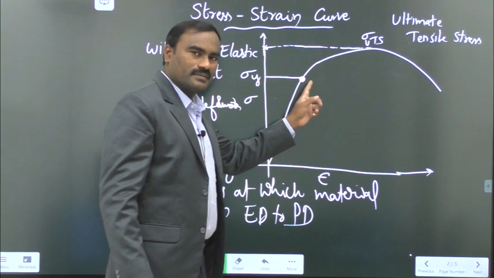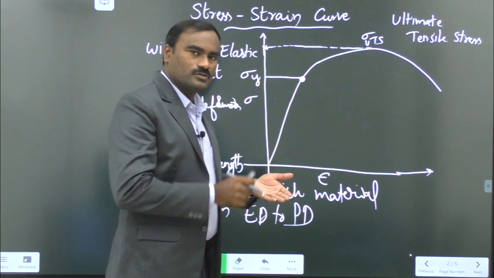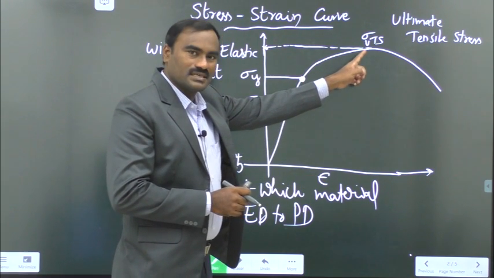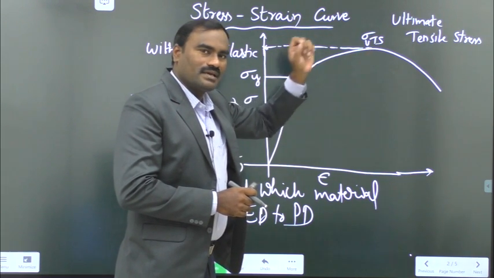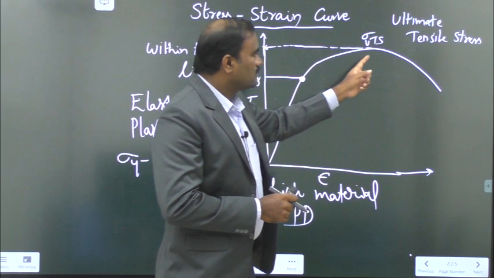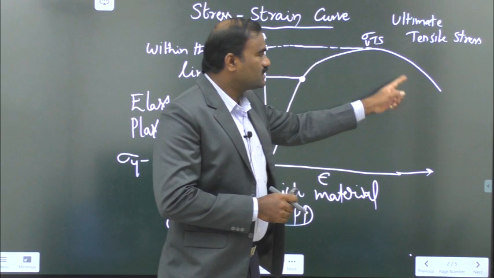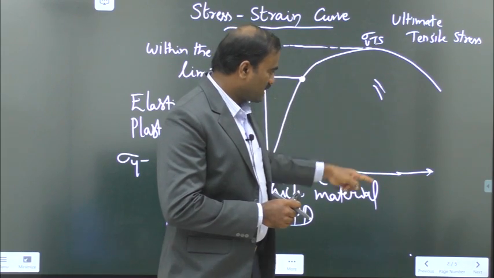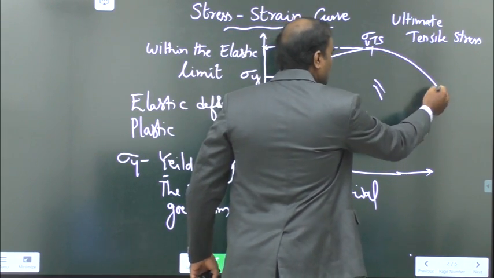This is the point where plastic deformation starts. If you apply more force, then the strain will also increase at a rapid rate, and we have a maximum stress value of the material, beyond which the curve changes. What is happening here is, as the stress decreases, strain increases. This is the meaning of this curve from here to here.